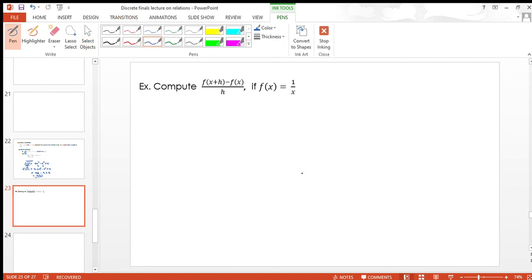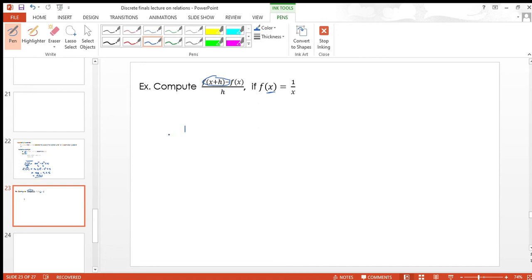And let's also have this example. Compute f of x plus h minus f of x all over h if f of x is 1 over x. So if f of x is 1 over x, ano mangyayari? Kung kukunin natin si x plus h, f of x plus h, we just change x by x plus h.